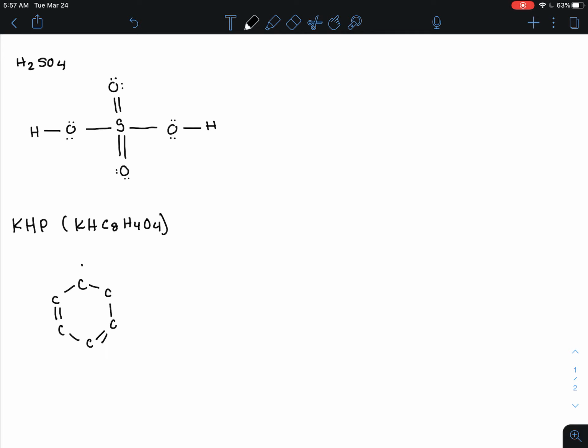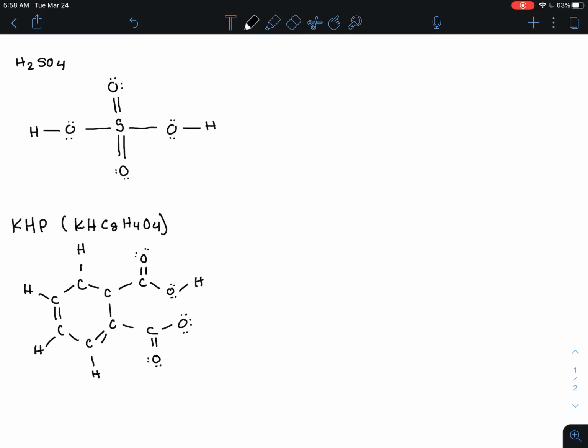We have a carbon benzene ring. So, you can see I have 8 carbons, and 5 hydrogens, because 4 on the ring and 1 more here, and 4 oxygens.